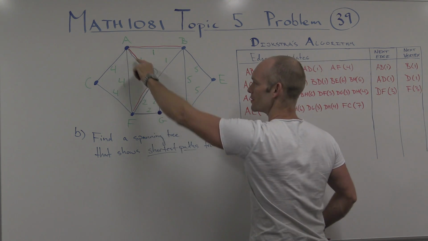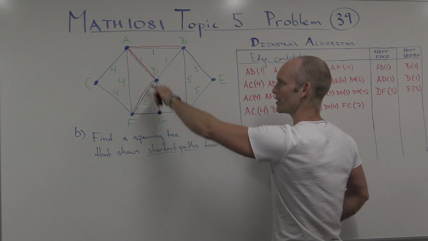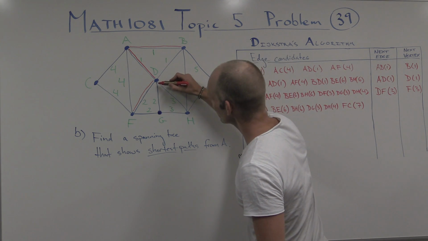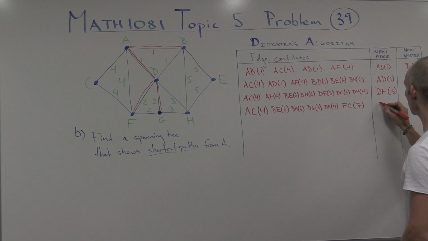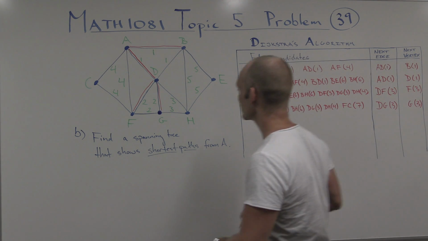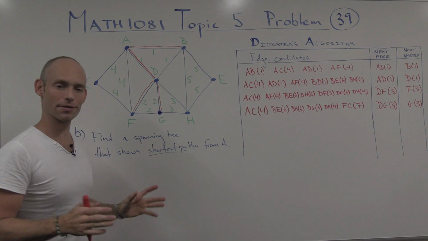That's if we go from A to D and we add this edge here from D to G. So we have a path of length 3 from A to G. So let's do that. Adding that path there, and we're adding this edge over here. And we're adding this vertex G over there. So now we know that we can get to G using a path of length 3.